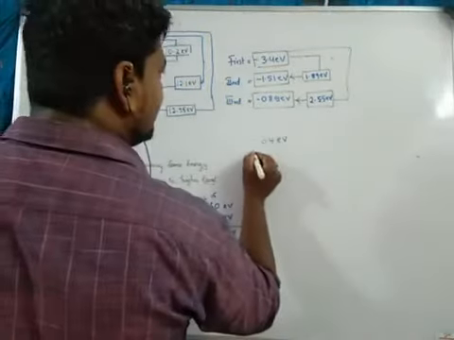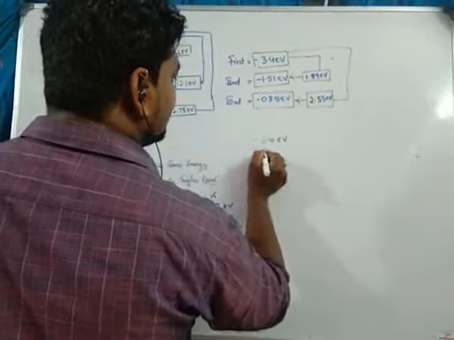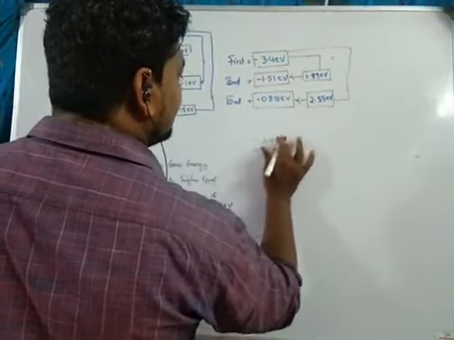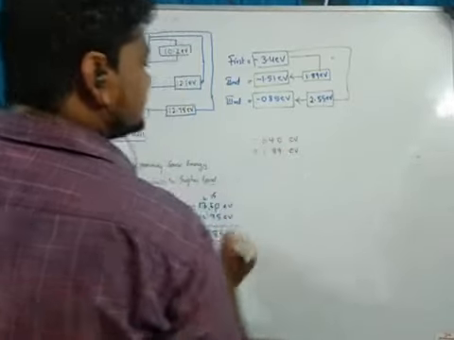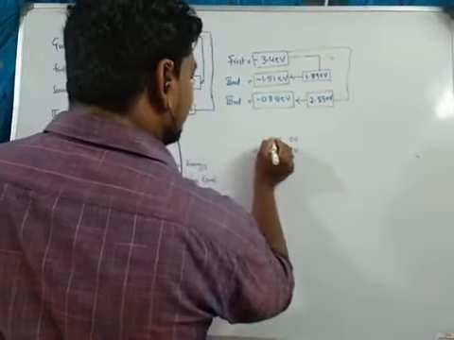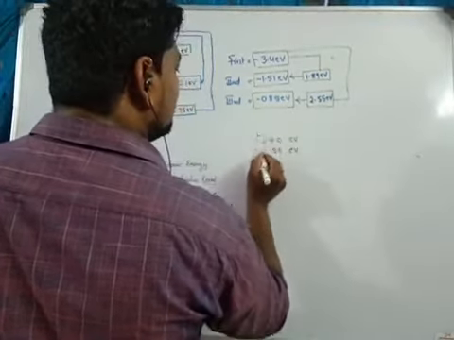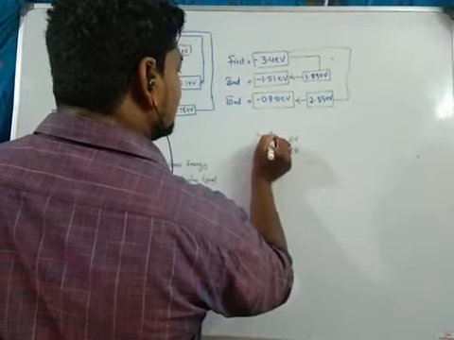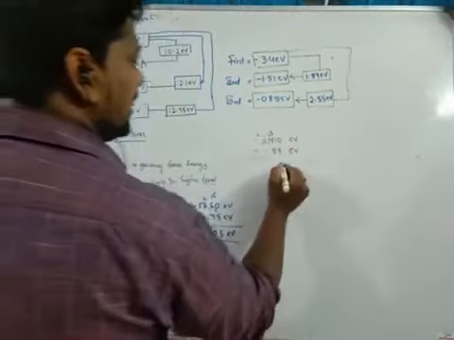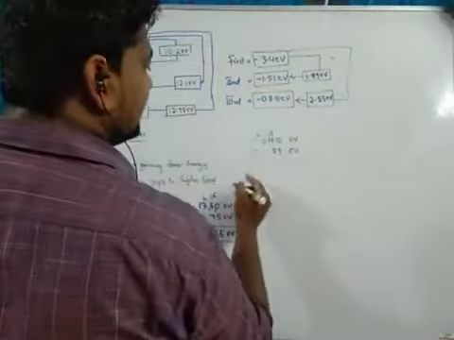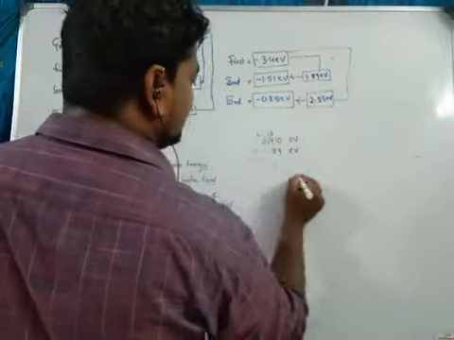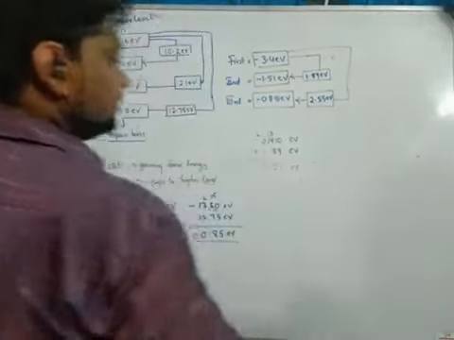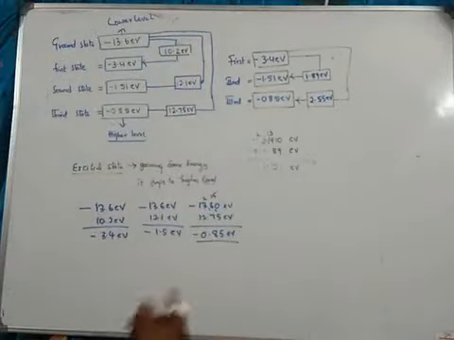If it gains plus 1.89 electron volts, the value becomes minus 1.51 electron volts, so it goes to the second state.